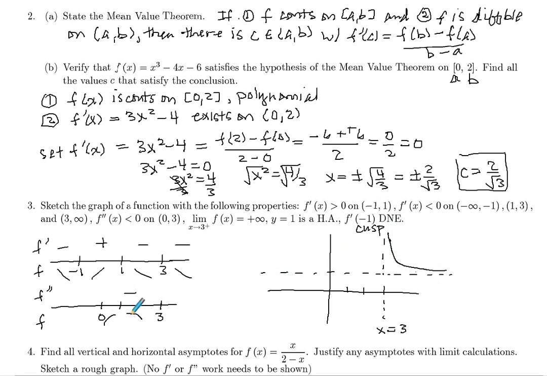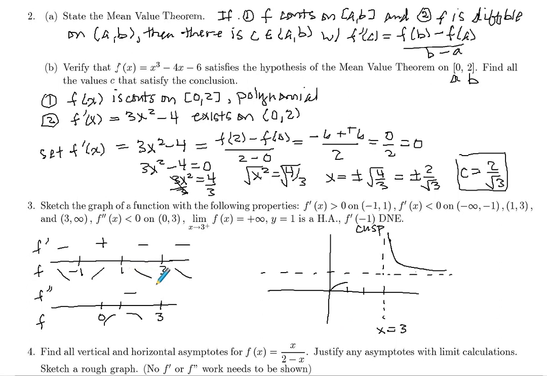And then between 0 and 3, that's where we got to worry about concavity. So here's x equals 0, here's x equals 3. From 0 to 1, it's increasing concave down. So let's see here. Between 0 and 1, we are increasing and concave down, like that.